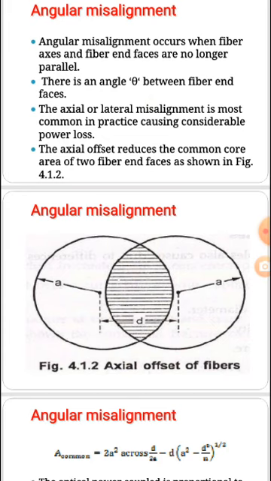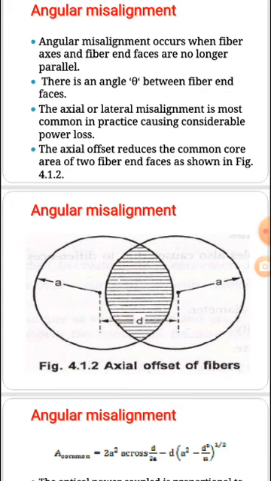There is a hatched portion only where it is aligned. That means core to core interfacing is not properly aligned, and cladding to cladding interfacing is also not aligned. It is completely departed. You can understand very clearly. And D is the separation. And here D must be minimized.